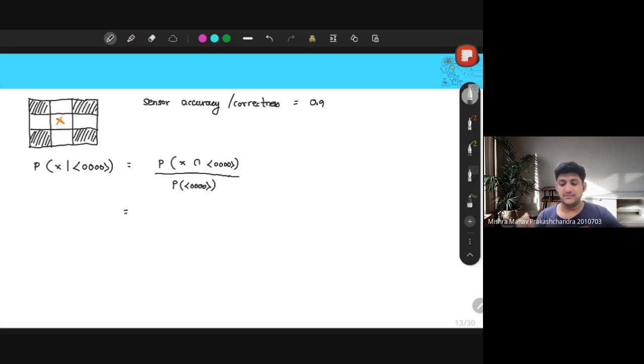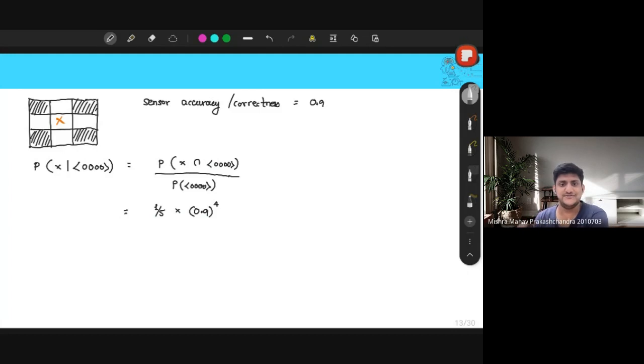Now the probability of me being at location X and getting observation 0, 0, 0, 0: I can be at the position marked by X with 1 by 5 probability, and the probability that all my sensors give 0, meaning all my sensors fire correctly, is 0.9 to the power 4. So each direction my sensors should tell me correctly whether an obstacle is present or not.